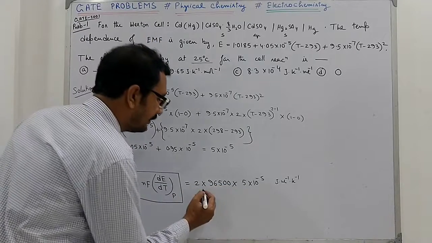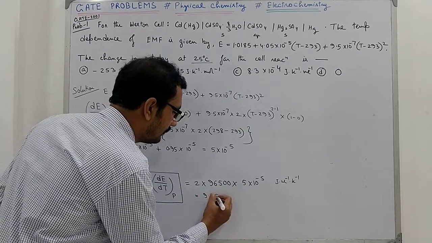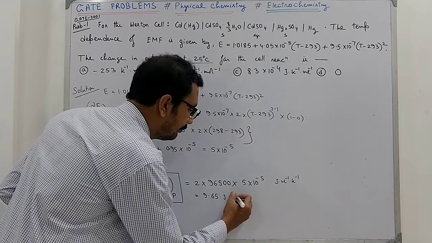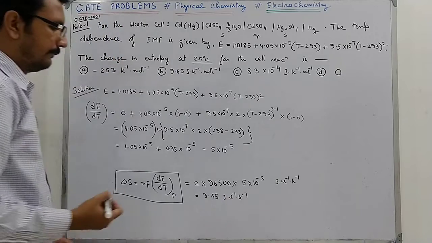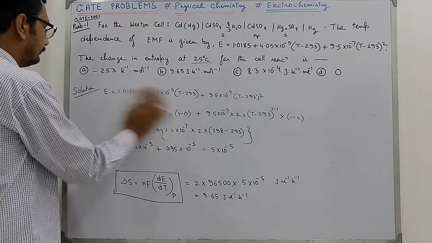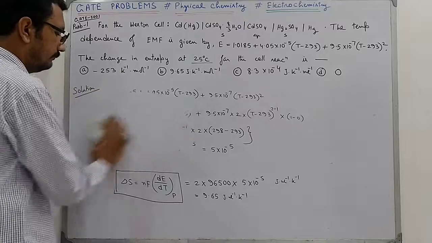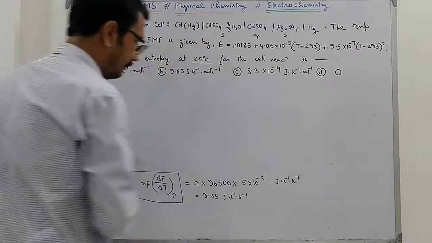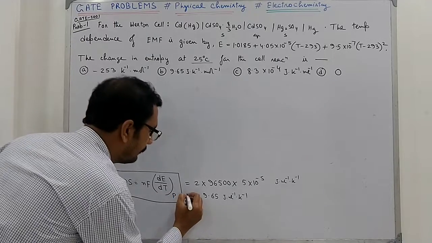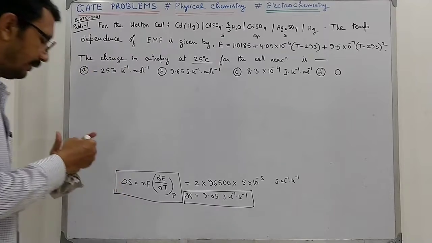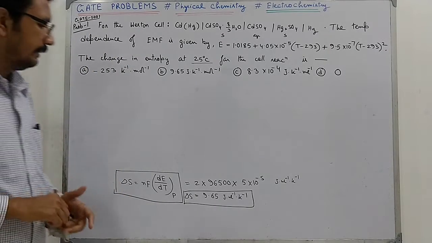So it will be 9.65 joule per mole per Kelvin. So you get the value of delta S to be 9.65 joule per mole per Kelvin.